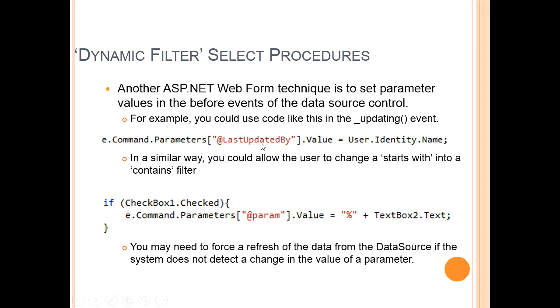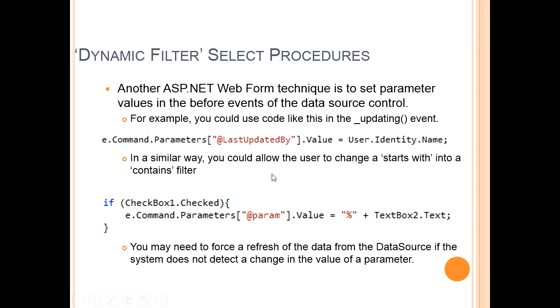We could just add our updated by, and we would pull it, if we actually had the full security system implemented here, by going User.Identity.Name, which is the logged in user. Just a bit of a look ahead there because we'll be doing more of that next term. You'll be learning how to use the security system and so on.